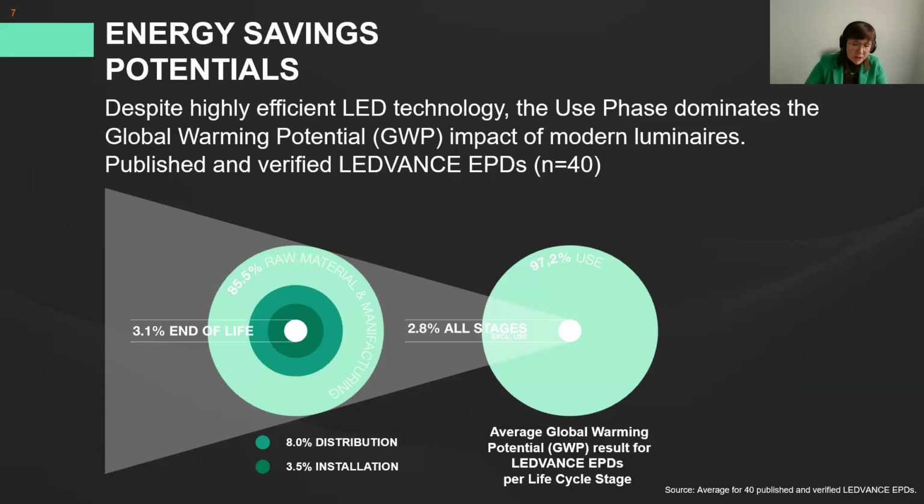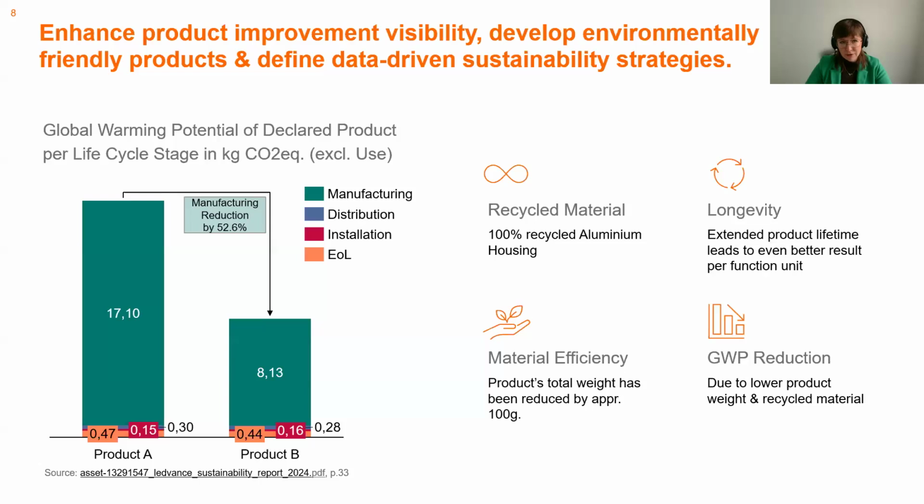So that's one part, and the other part is what Ledvance can do, especially with the manufacturing, how we can influence that. So I brought another example here, which can also be discovered in our sustainability report from 2024.